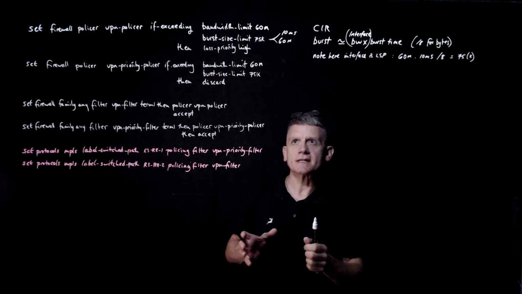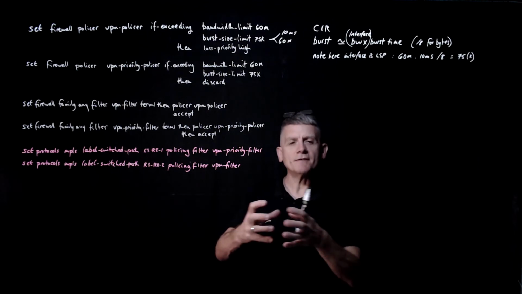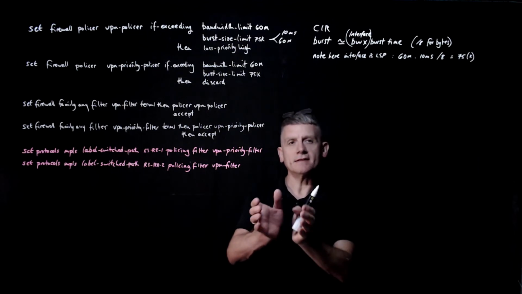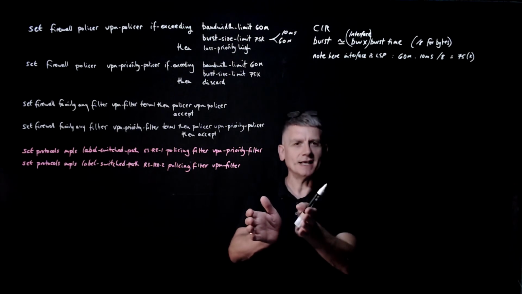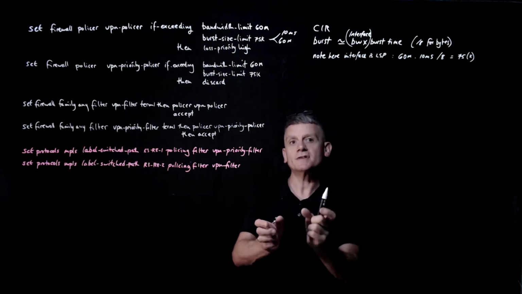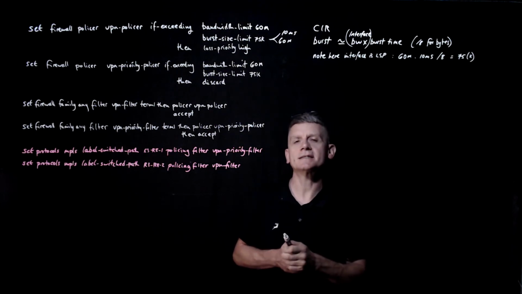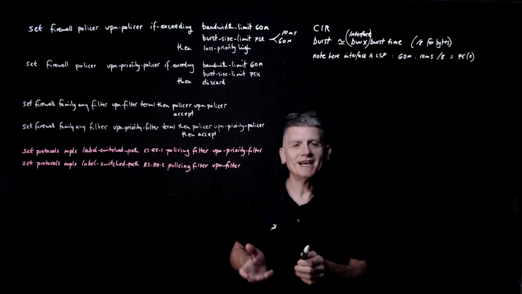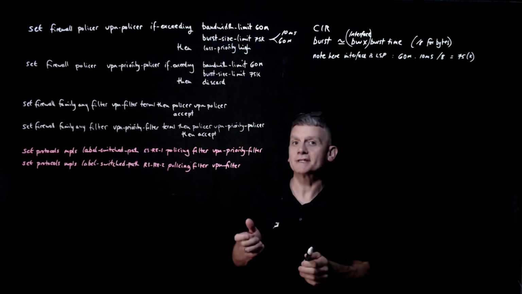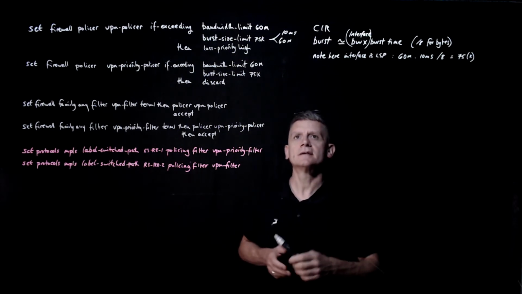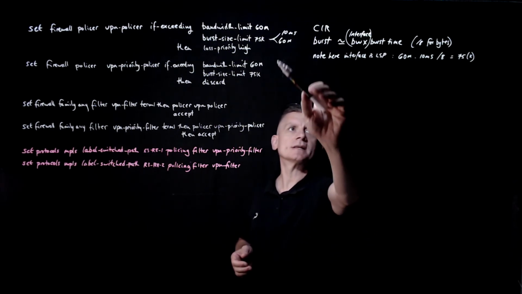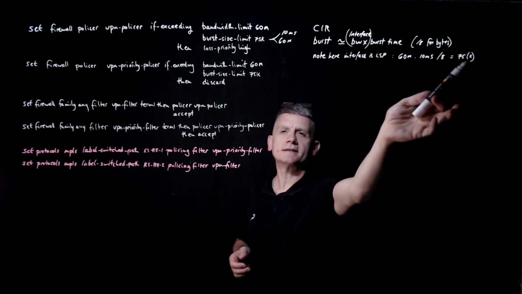The burst size limit, we're using a formula here, which is basically the bandwidth of the interface, or the LSP, multiplied by the time that the burst exists for. And in this case it's 10 milliseconds. Then of course you have to divide by 8 so that you get your answer in bytes and not bits. So 60 meg times 10 milliseconds divided by 8 is 75k.